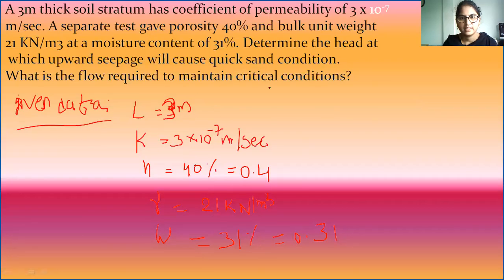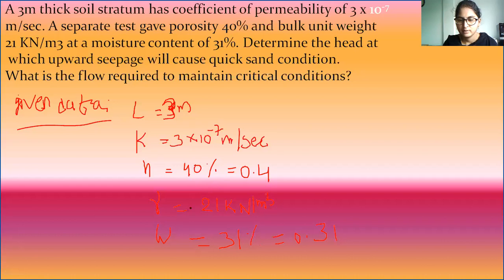So to maintain critical condition, that is equal to i suffix c. Critical condition i suffix c is equal to G minus 1 by 1 plus e. But here G value is not given, e value is not given.